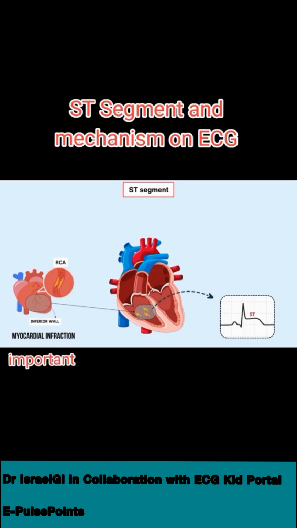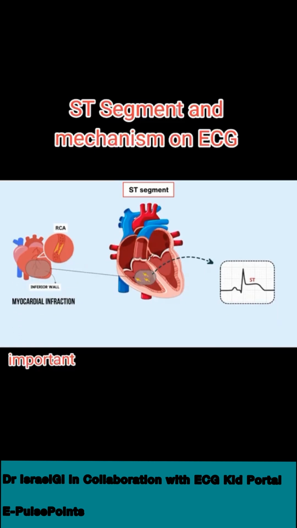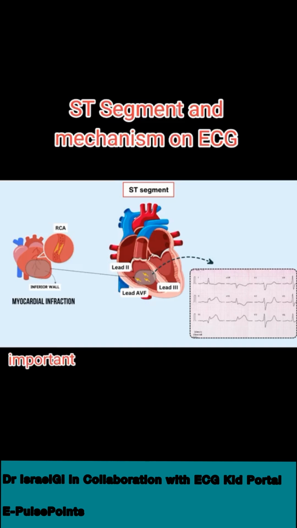In simpler terms, when the RCA gets blocked, it starves the bottom part of the heart of oxygen, leading to a heart attack. This causes electrical signals to go haywire in that area, showing up as ST segment elevation on the ECG in the leads looking at the bottom of the heart, which are lead 2, 3, and AVF.